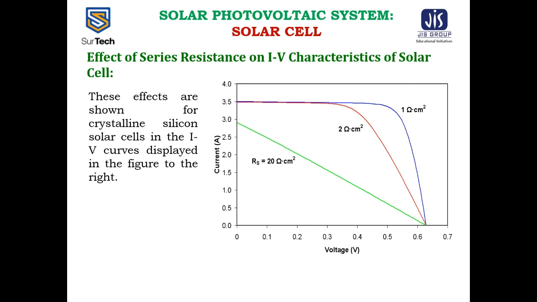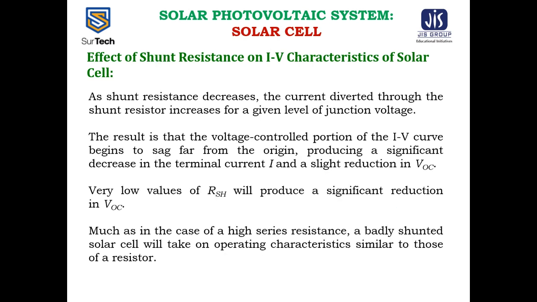Now come to the effect of the shunt resistance on the IV characteristics of the cell. As the shunt resistance decreases, the current diverted through the shunt resistor increases for a given level of junction voltage.